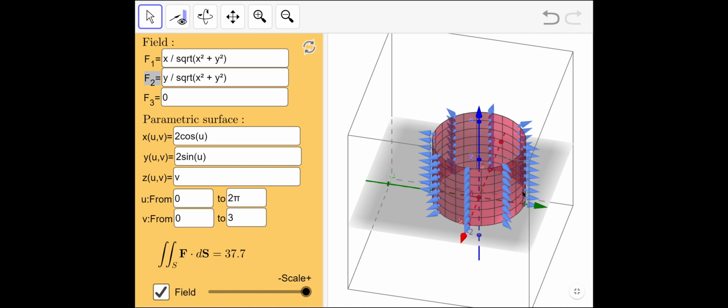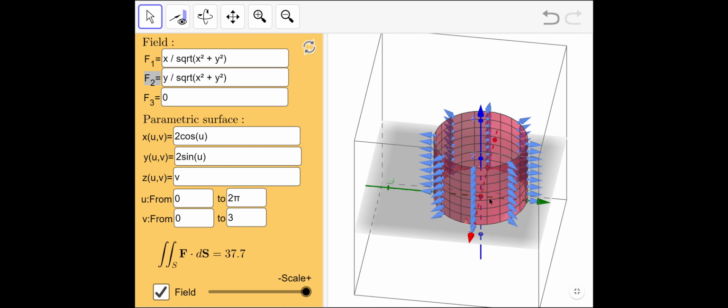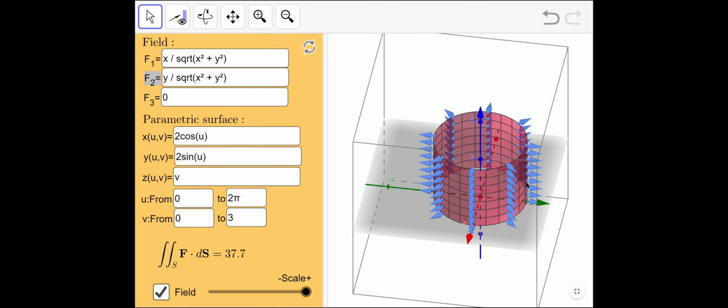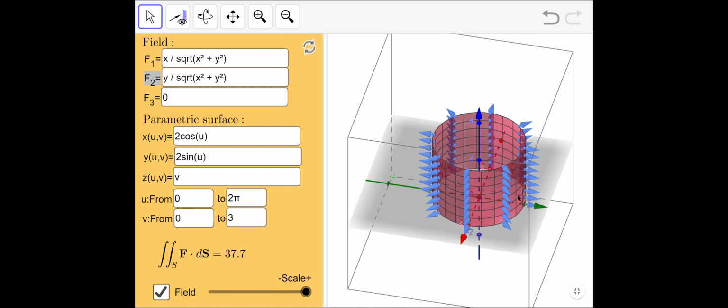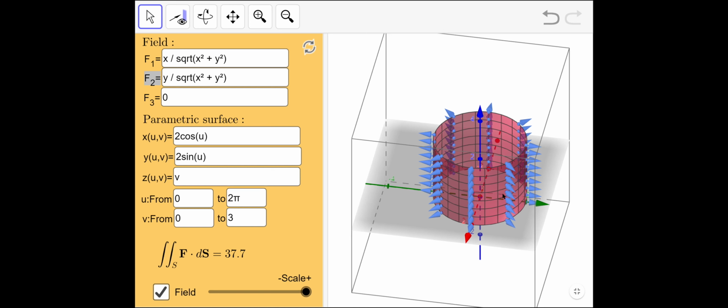In the case when you want to specify the direction that's pointing out, you're going to use normal vectors at each point on your surface, and you want those normal vectors to vary continuously. So notice that they're not jumping. You don't have some pointing out and some pointing in.